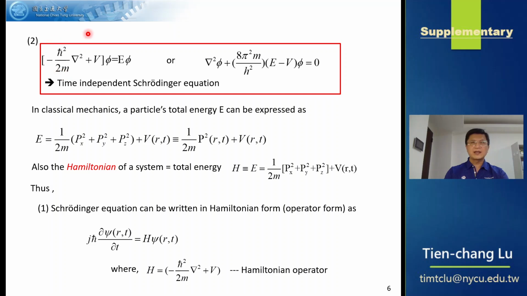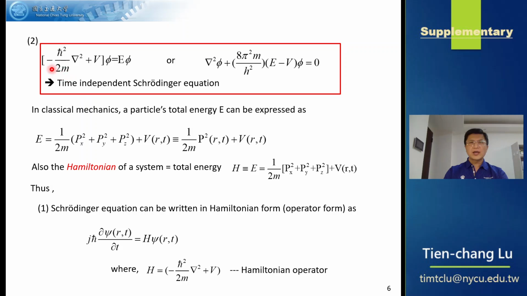We can write this as E times phi times X(t), or use j h bar d phi over dt. Since X(t) is exponential of minus j omega t, this exponential can be eliminated on both sides, leaving the time-independent part, only the spatially dependent part of the Schrödinger equation. So this is called the time-independent Schrödinger equation.